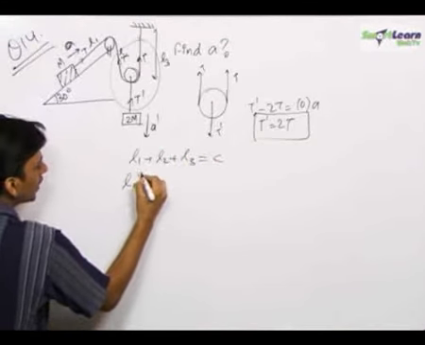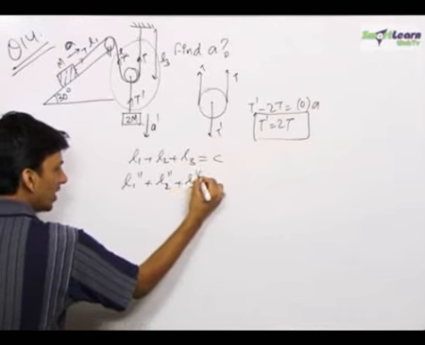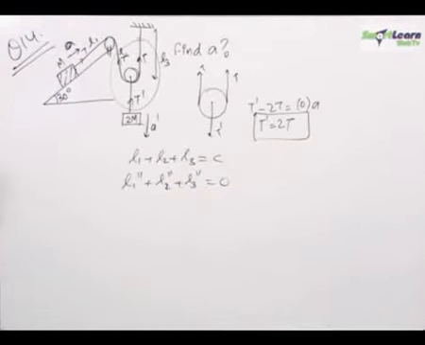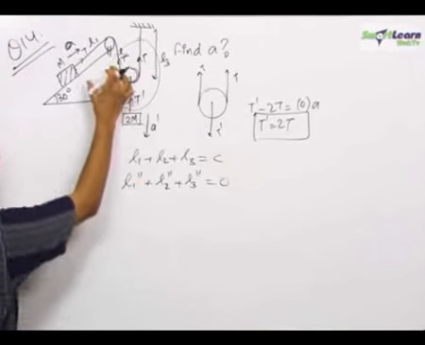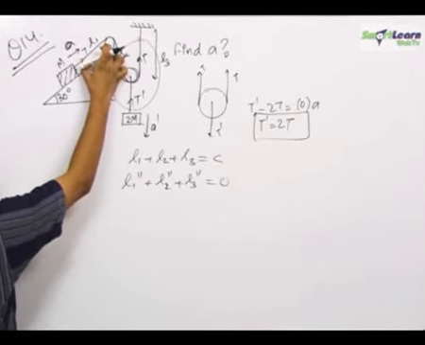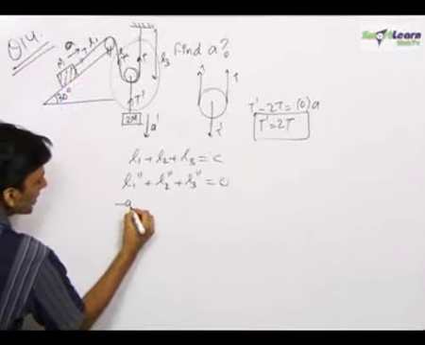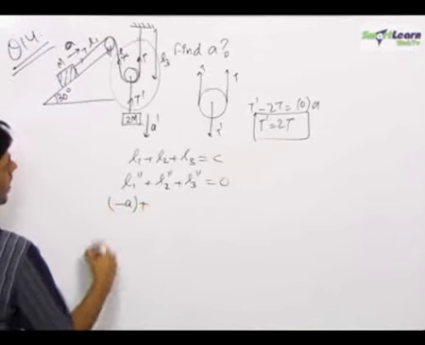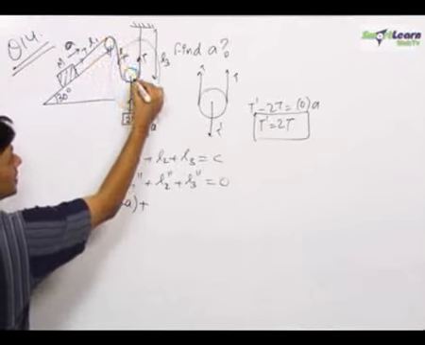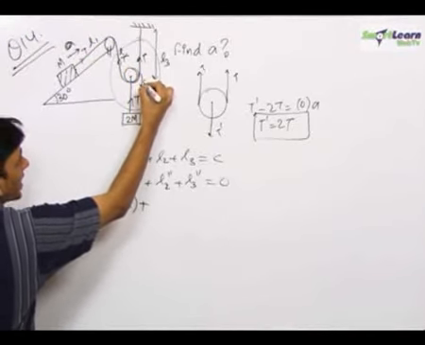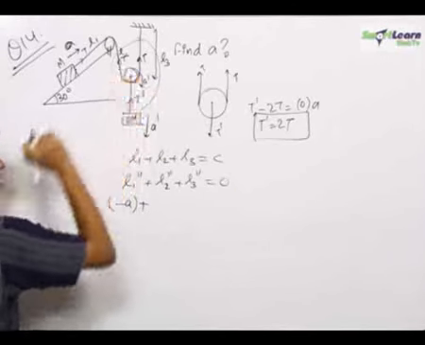We differentiate it 2 times to get L1 double dash plus L2 double dash plus L3 double dash equals 0. Now L1 double dash is the acceleration with which this length of the string changes. Now this pulley is fixed, therefore this changes with minus A. For L2 double dash, this pulley is fixed, but this pulley moves with A dash because this mass is moving with A dash, and this is one string.